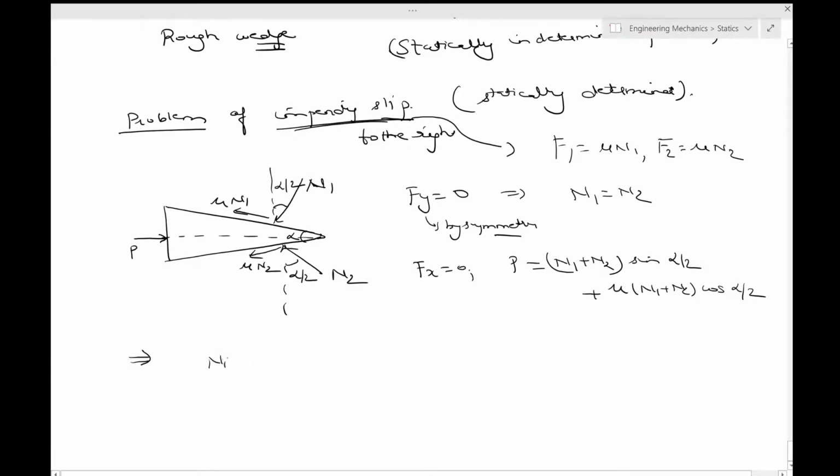So N1 is equal to N2 is equal to 0.5 P divided by (sine alpha by 2 plus mu cos alpha by 2).